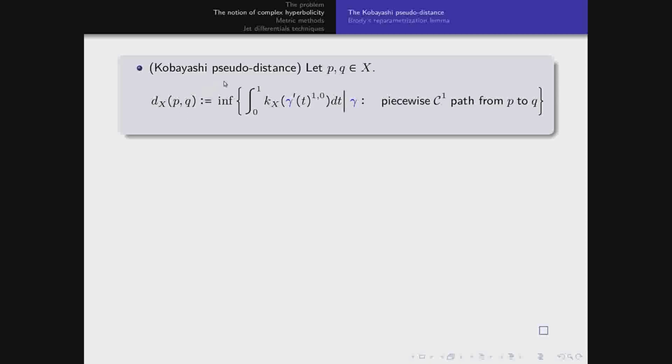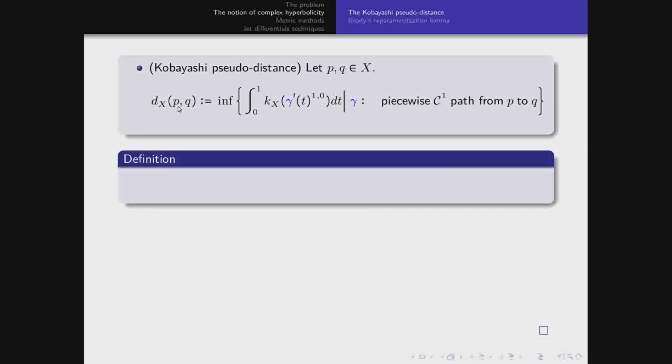And since it's a pseudo-distance, it could happen that it does not separate points, and we say that X is Kobayashi hyperbolic if it's not the case. So we say that X is Kobayashi hyperbolic if the pseudo-distance is a distance, which means that it separates points. So morally it's a distance if there are not too many large disks inside X, so that this quantity is not too small.